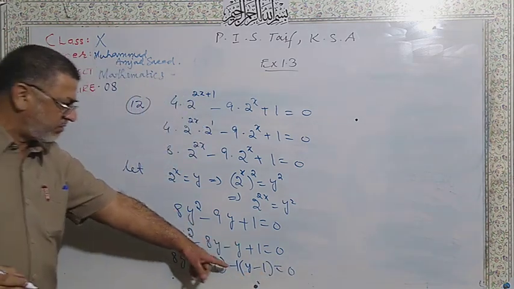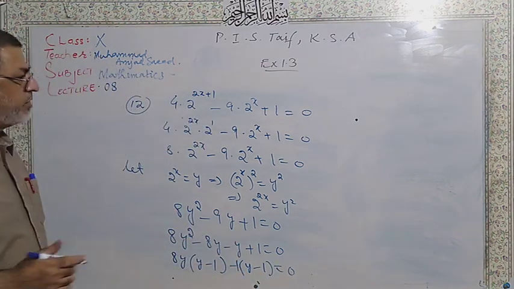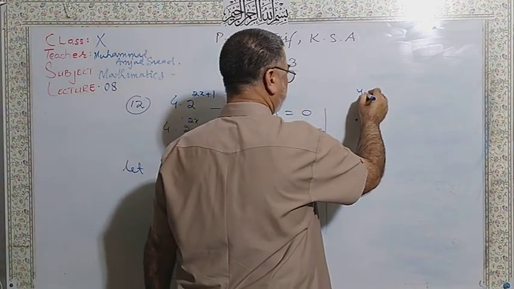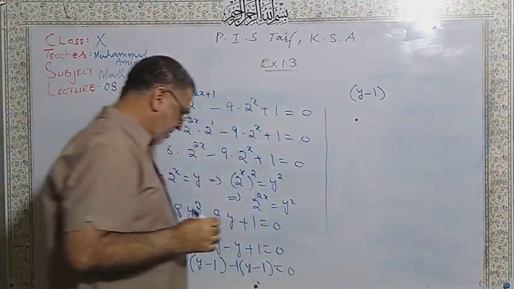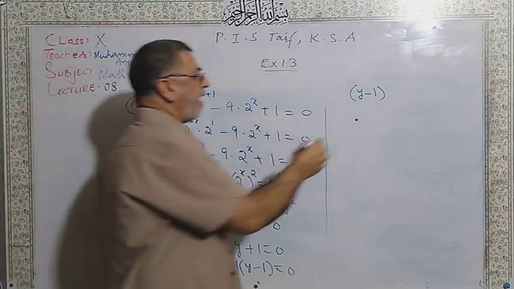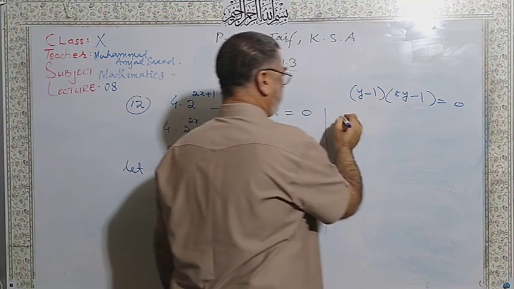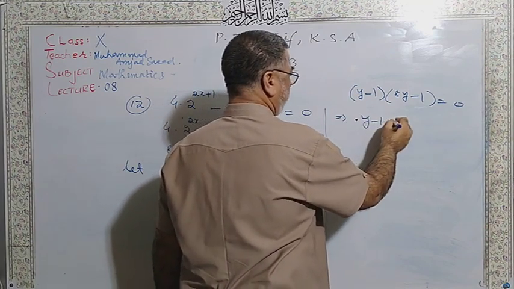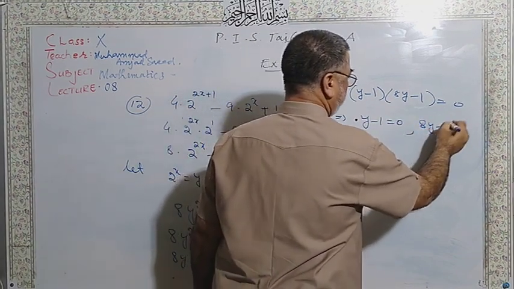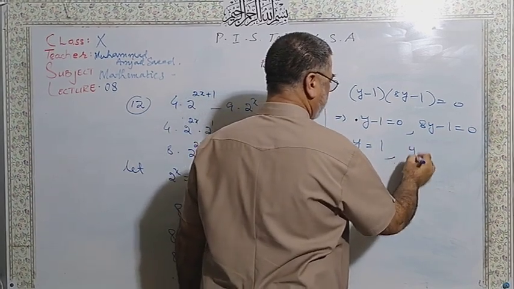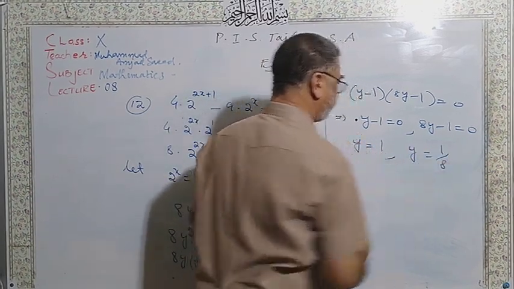You have taken minus 1 common, so the internal sign will change. Here is y minus 1 into 8y minus 1 is equal to 0. y minus 1 is equal to 0, 8y minus 1 is equal to 0. y is equal to 1 and y is equal to 1 over 8.